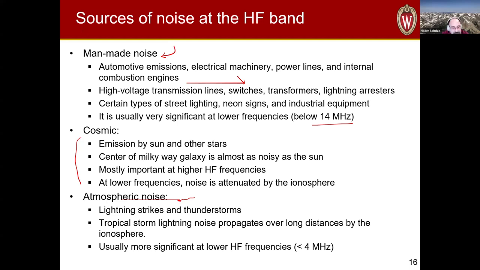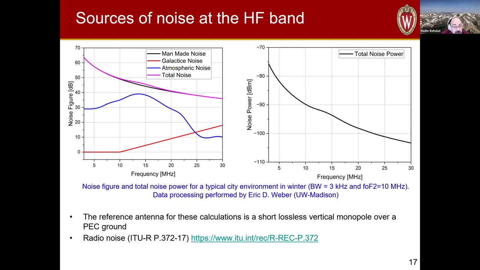The signals radiated by these propagate over very long distances, so that can create noise over a significant area. And these generally tend to be very significant at lower frequencies. Sometimes, if you're operating in this frequency range, you hear noise that may be associated with thunderstorms that are thousands of miles away.